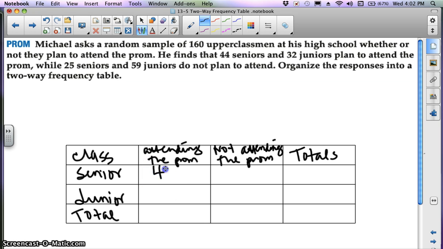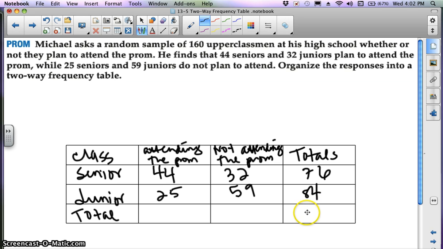We have 44. And then how many seniors are not attending the prom? That would be 32. So our total then is 76. The juniors, then we have 25 attending, and then we have 59 not attending, and then the total would be 84.